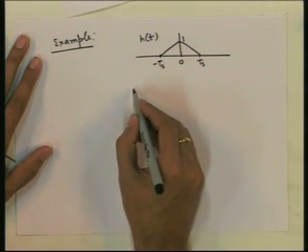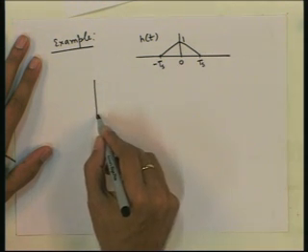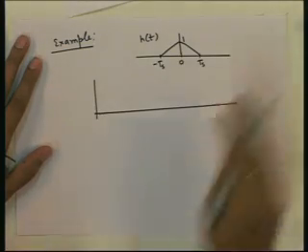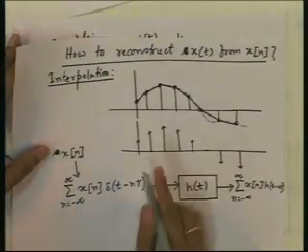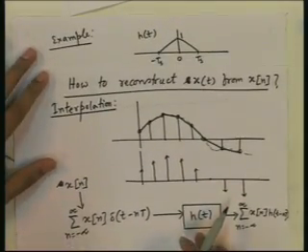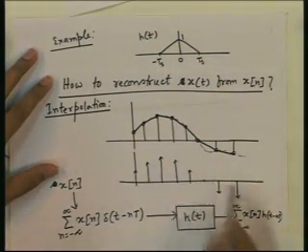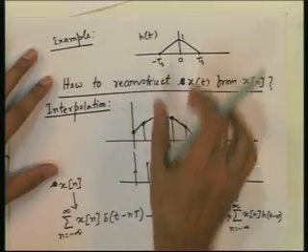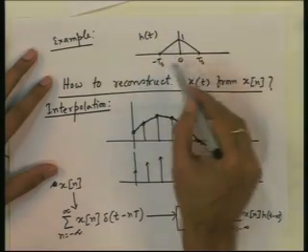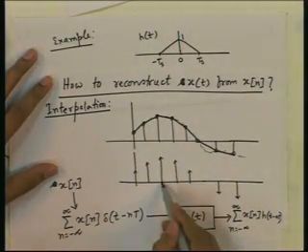what will we get at the output? Let us see what we get at the output. So, at the input we have this signal, and we pass it through the filter with this impulse response. Now, when you convolve this with h t, what will happen? This h t will be placed at every delta, because convolution of h t with this delta is nothing but h t shifted to that position.